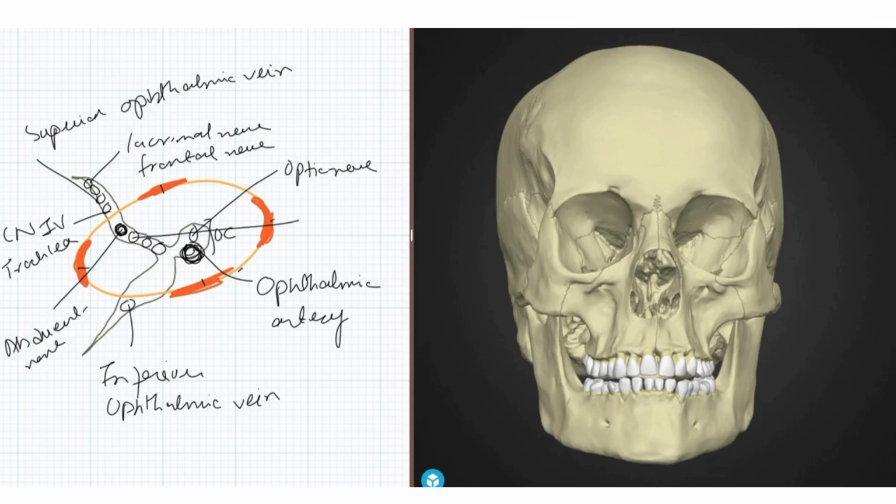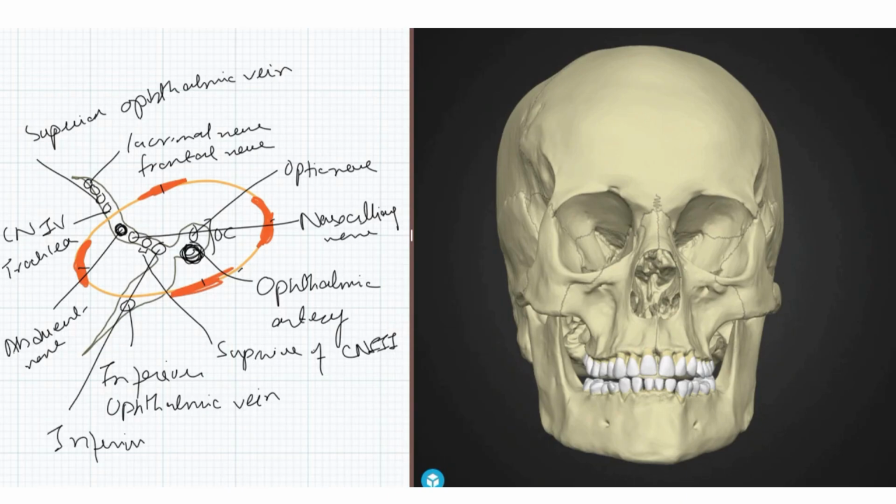This right here is the nasociliary nerve, and this is the superior division of the third cranial nerve, which is the oculomotor nerve, and this is the inferior division of the oculomotor nerve.